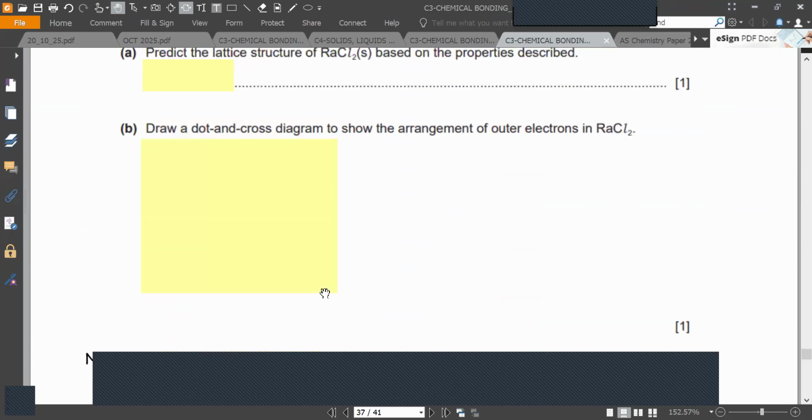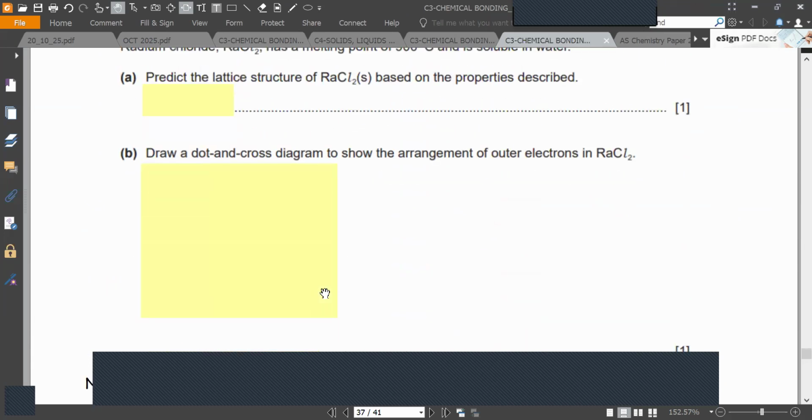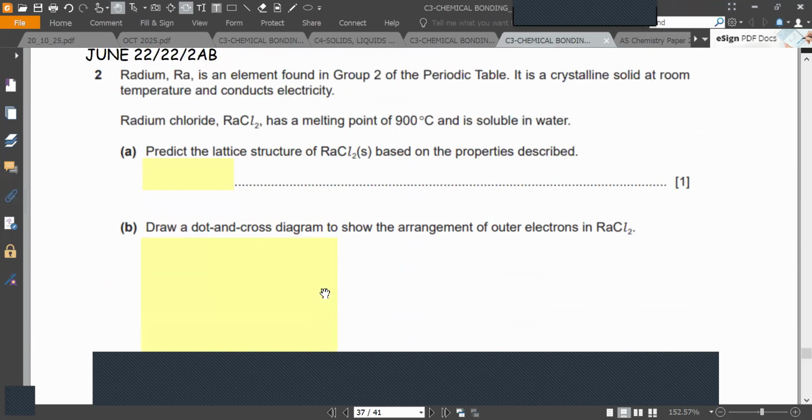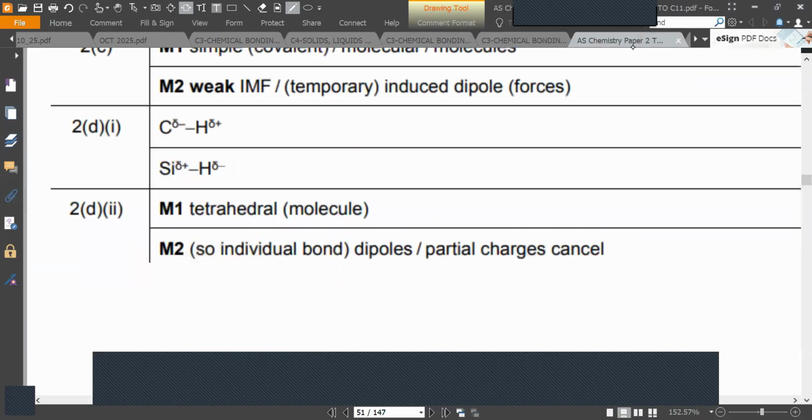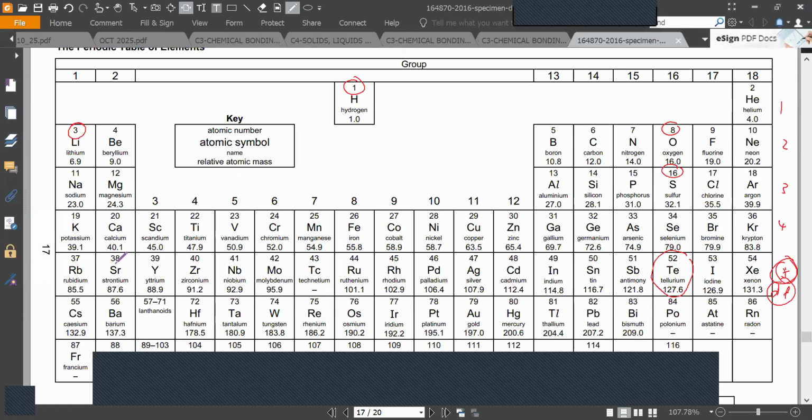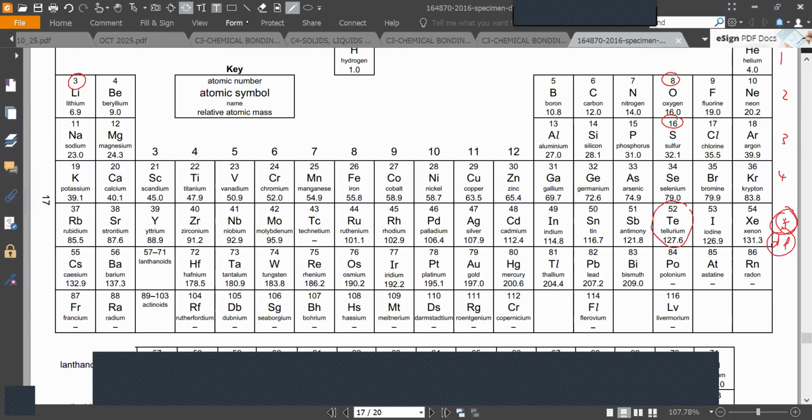Draw a dot and cross diagram to show the arrangement of RaCl2. Radium, Ra, is found in group 2 of the periodic table. Radium is here, it's in group 2.